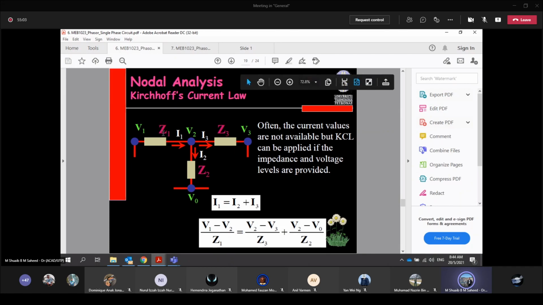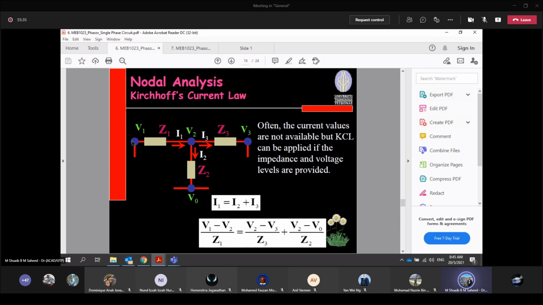So for either one, impedance, current, or voltage, you can use nodal analysis or, of course, mesh analysis. For nodal analysis, how do we do it? Total current going in is equal to total current coming out.